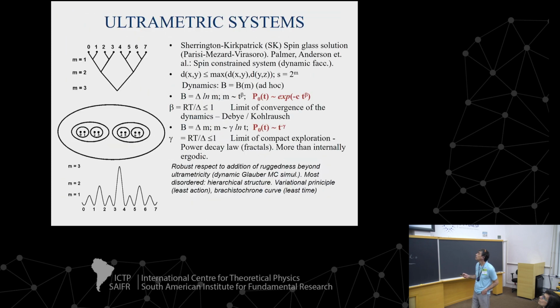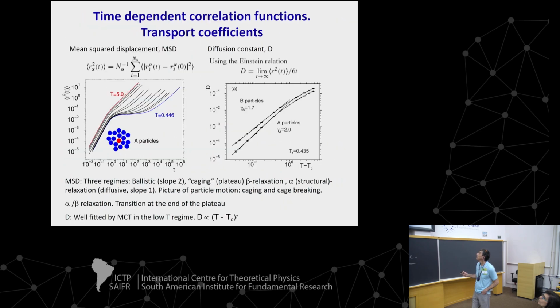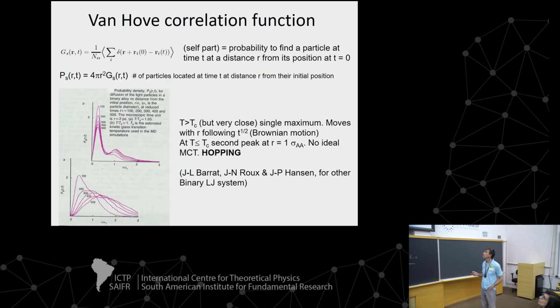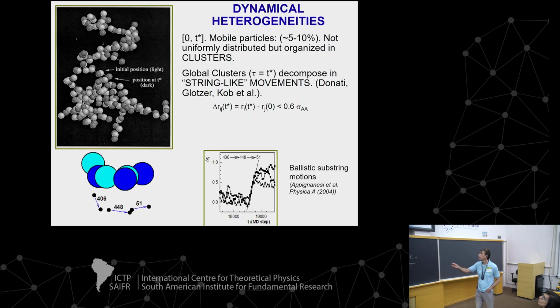Okay, I'm not going to go further, but the heterogeneity is not only in space, but is also in time, since when you study this kind of objects, you see that parts of this object also relax in an intermittent way.